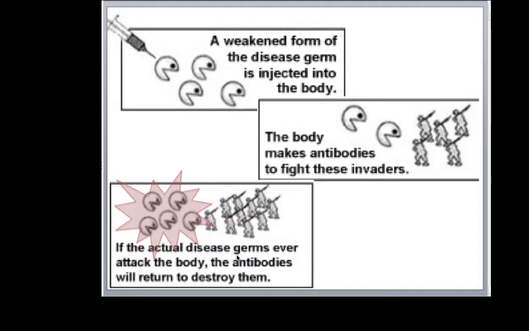It is a bit of a guessing game, though. They take those strains, kill them, take those pieces that they know are good for forming a vaccine, and put that into the vaccine.